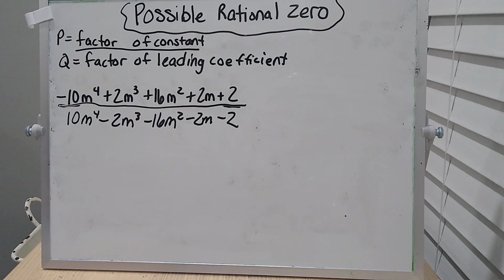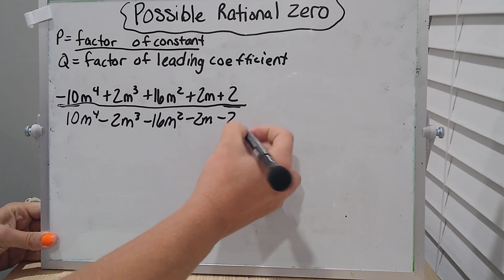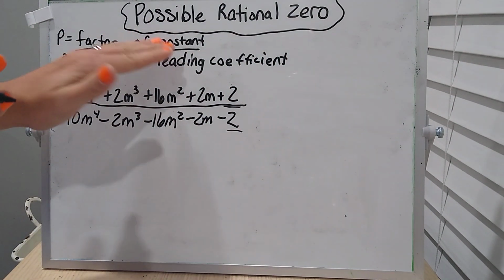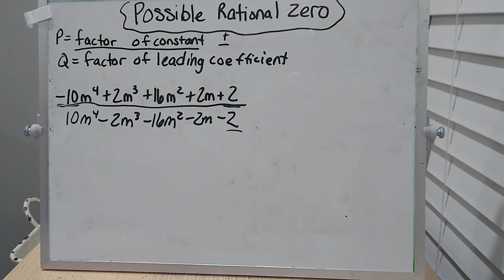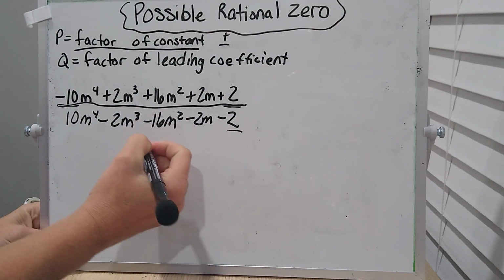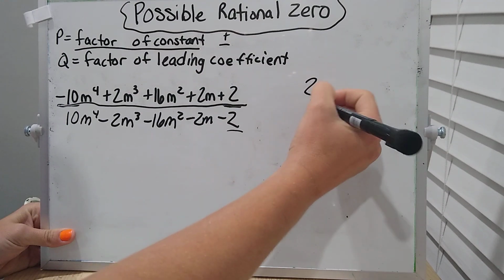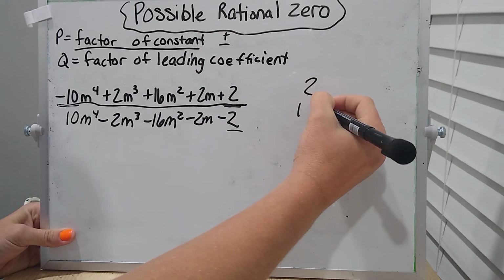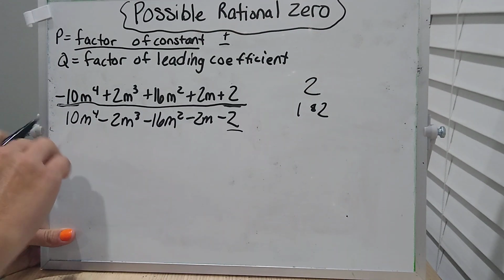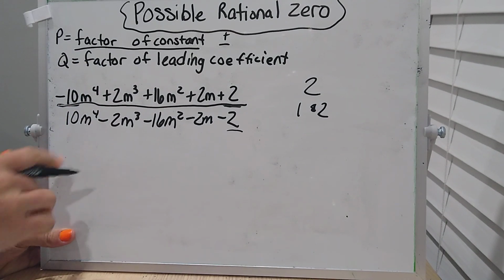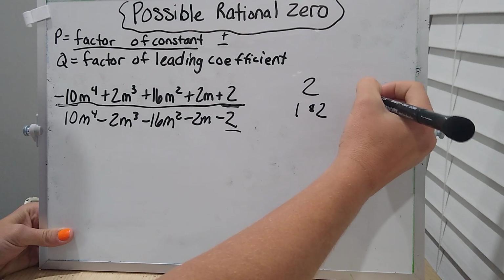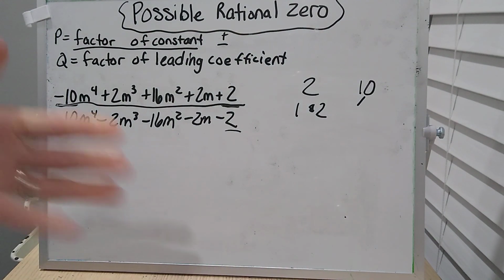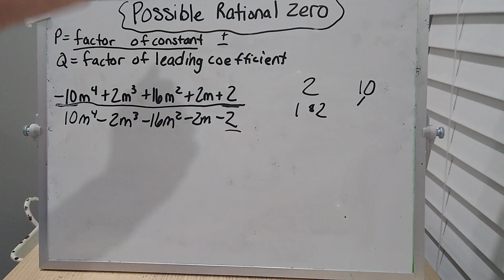Okay, our next step. I'm going to get the factors of my constant, 2. One thing to remember, for the constant, you're always going to set it to positive and negative. So let's find our factors. This one's easy. The only factors you have are 1 and 2. Now for our leading coefficient, we've got 10. I always like to start at 1 and work my way up.